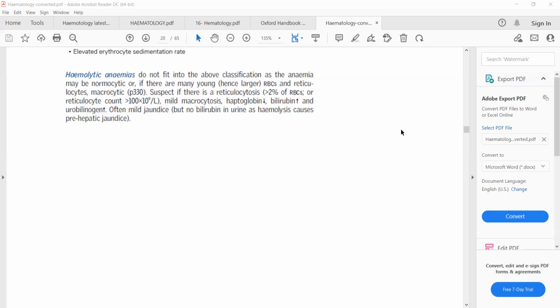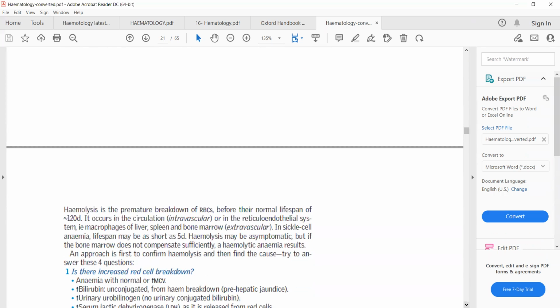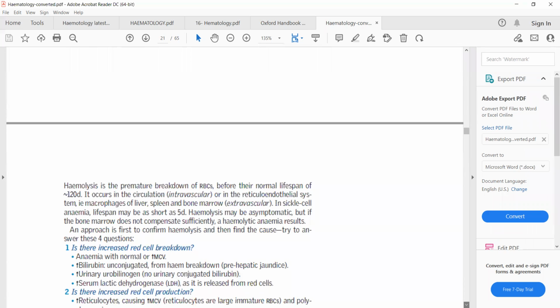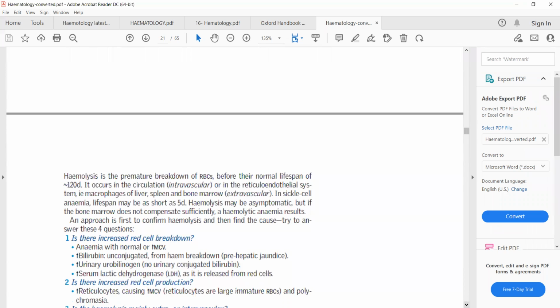Otherwise, they will cause normocytic anemias. Now, before we discuss the causes of hemolytic anemias, first, you need to know some general things about hemolysis, that is, what will happen in the body if hemolysis is going on.